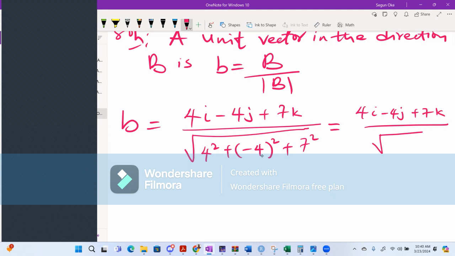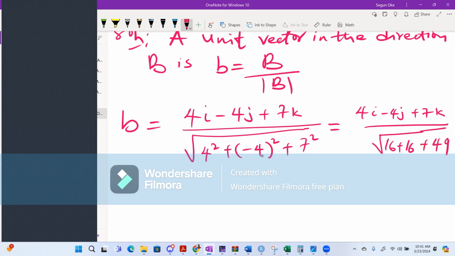So we have 4i minus 4j plus 7k over the square root of 16 plus 16 plus 49, because it is squared. 7 squared is 49.